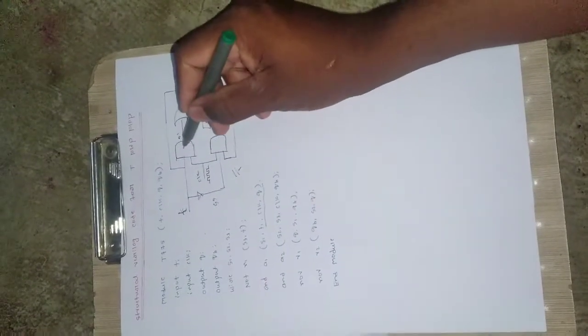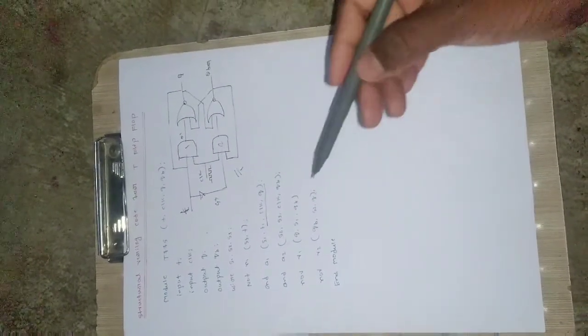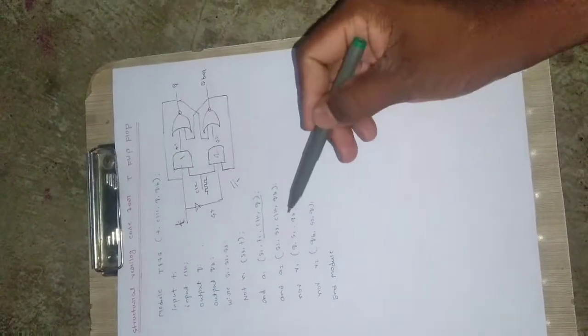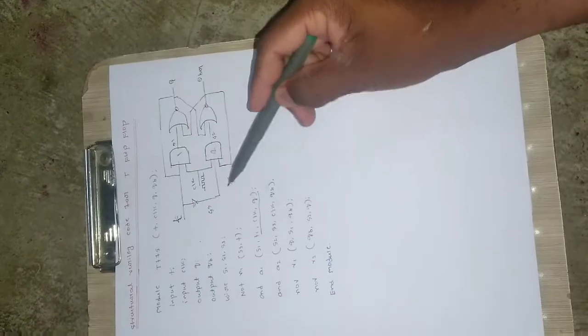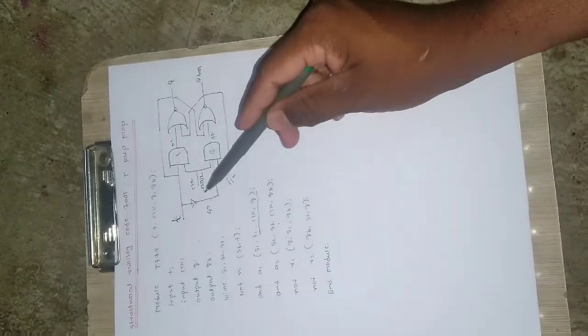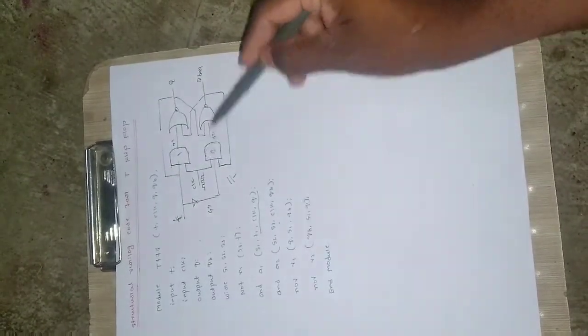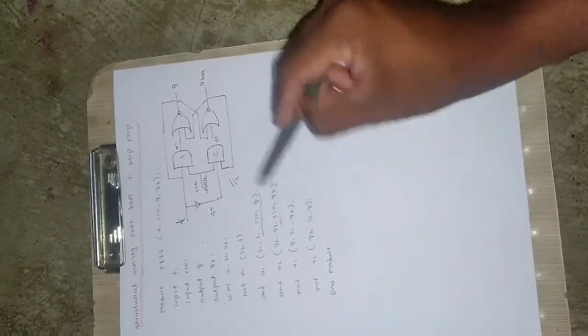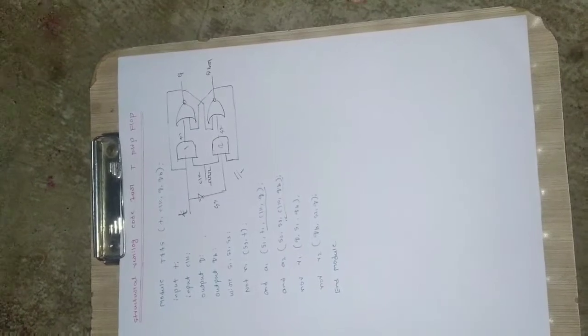Similarly, this is the second AND gate. S2 will be the output, and inputs are clock and S3. S3 is the input because S3 is coming, then clock is coming, then Q bar is coming. So these are the three inputs for the second AND gate.